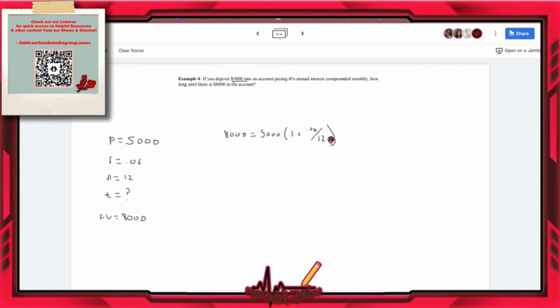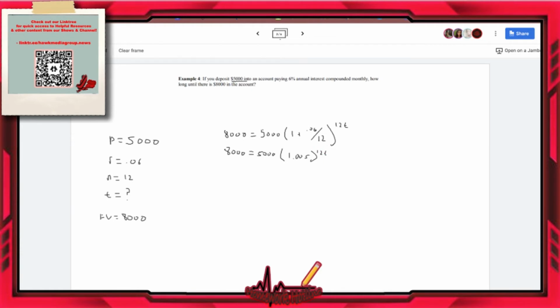And then to the power of N times T, we don't know T, we know N is 12, so 12T. Now what you do from here is you simplify the parentheses as much as possible. So we still have the 8,000 equals 5,000. Inside the parentheses would then go to 1.005 to the power of 12T.